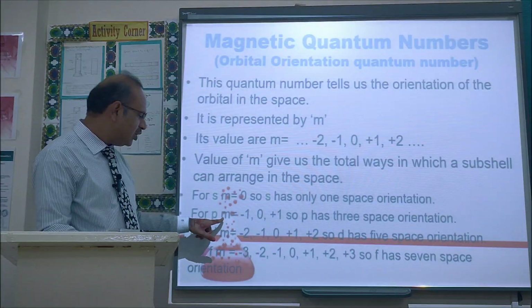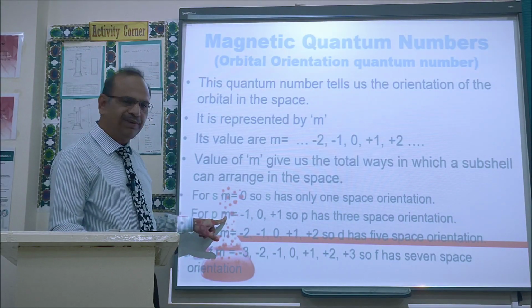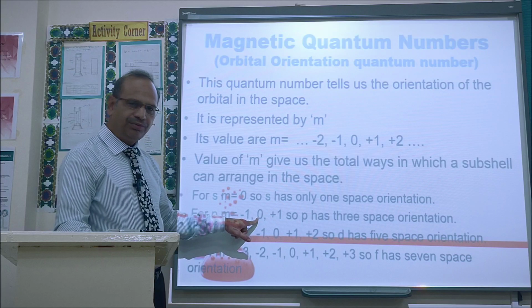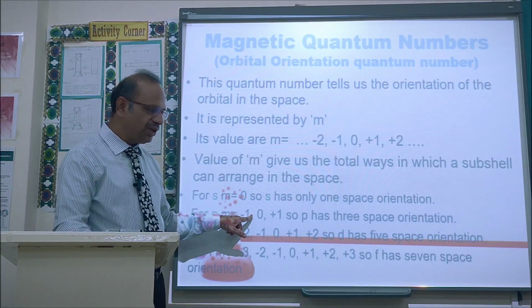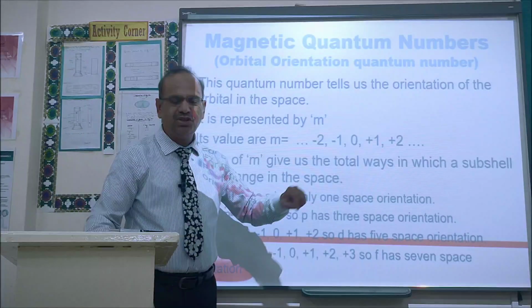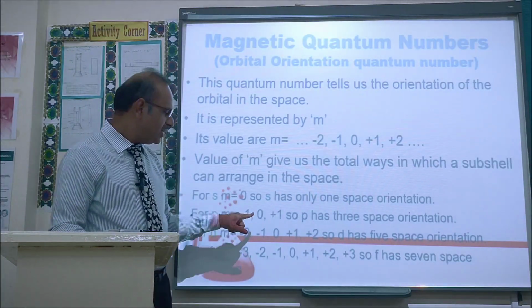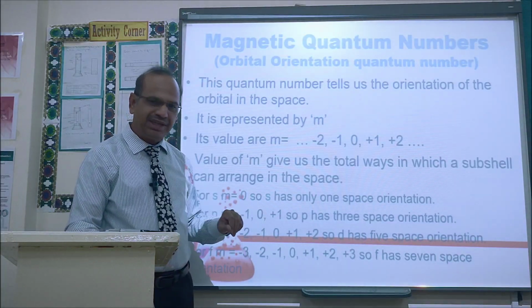For the p orbital, the number of values of m will be 3, like 0, +1 and -1. So these three values mean the p orbital has three space orientations. So p can be of three types: px, py and pz.